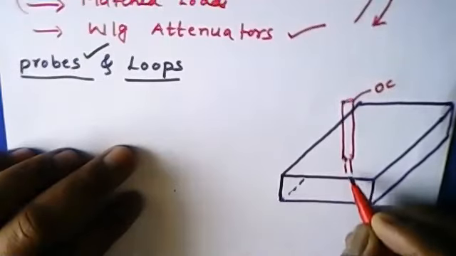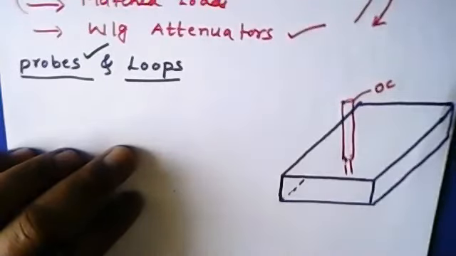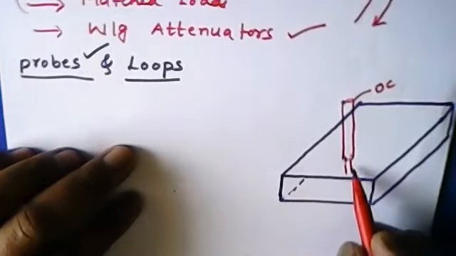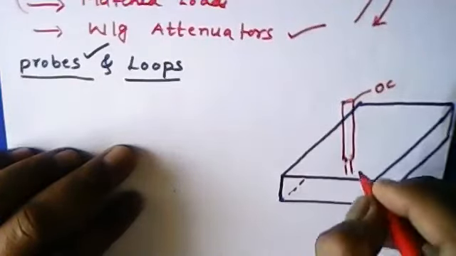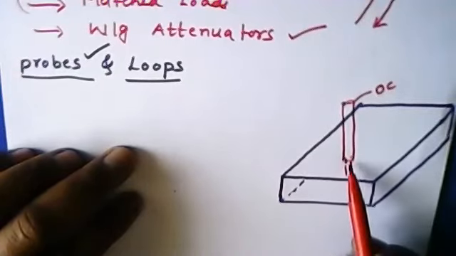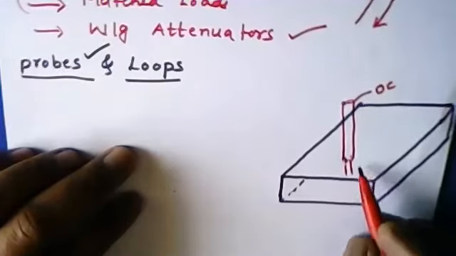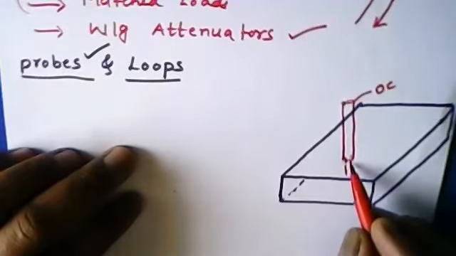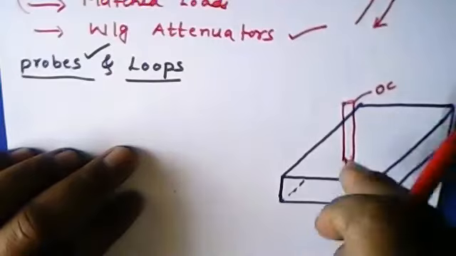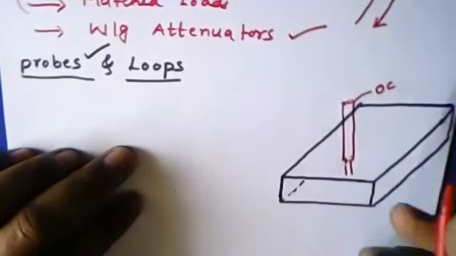This is the inner conductor which is entered into the waveguide. The solid portion whatever I have represented is placed on the top of the waveguide, whereas the dotted lines which have been drawn over here are inside the waveguide.